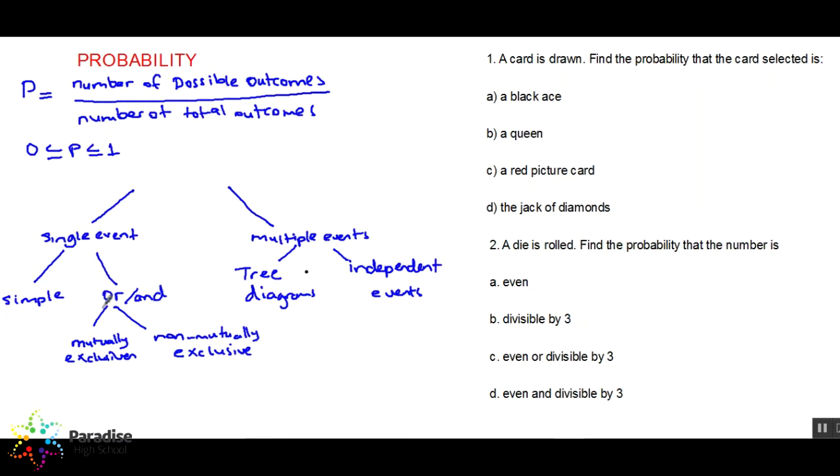If it is or question, it is mutually exclusive or non-mutually exclusive. If it is and question, then we use a different formula. If more than one event is taking place, we use tree diagrams, or it is independent event, and we approach differently. Now here, let's go back to questions and try to understand how we solve these questions.